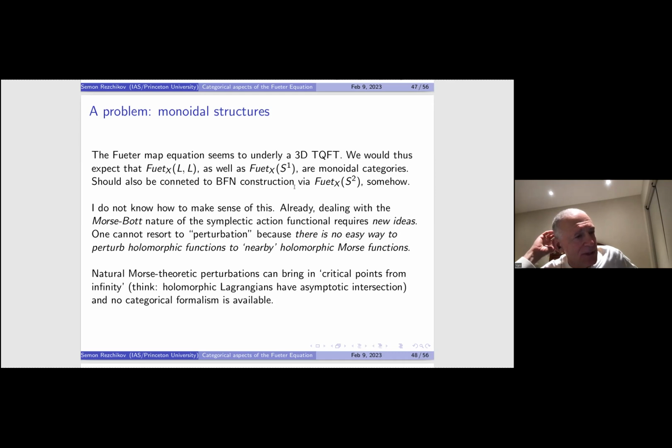So in this case, sometimes it's easy to see the monoidal structure when you work with perverse sheaves. So that's what I mean. Your two category is modeled by a Fukaya type of construction.